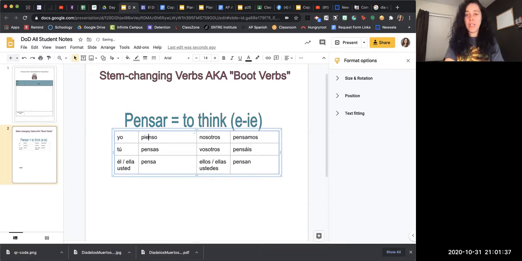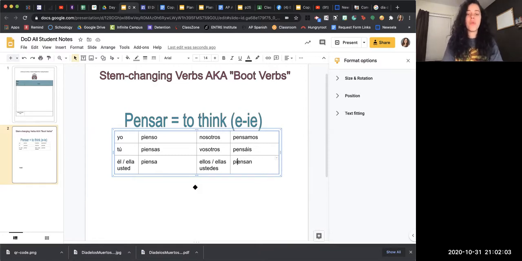So it's not yo penso to say I think, it's yo pienso, tú piensas. Sorry, erase that. Él piensa. Ellos piensan. So pie, right? Pie, not just pe, but pie. They're IE instead of just an E like the original verb.